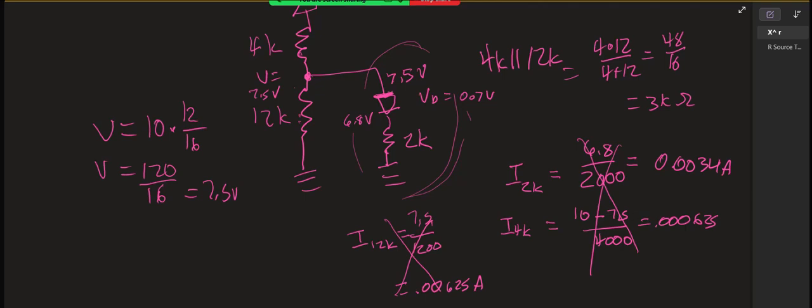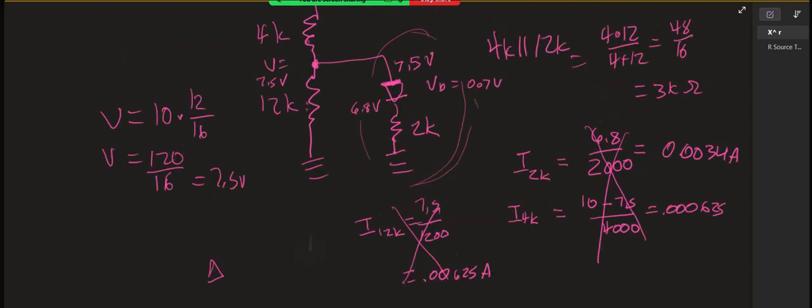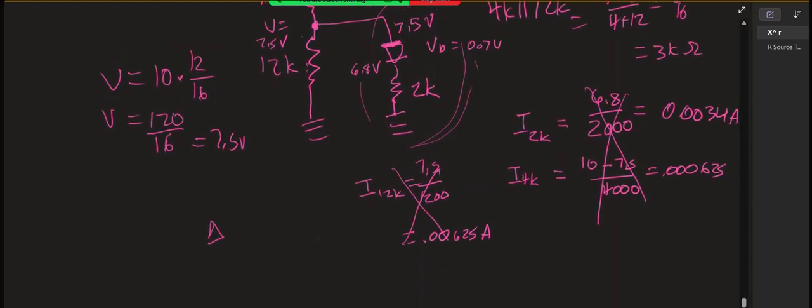I am going to be using the Thevenin voltage. Yes, yes. So hold on. So this is what I should have done at this point: I should have taken my 10 volts and my Thevenin voltage. I mean my Thevenin resistance, which was 3K.